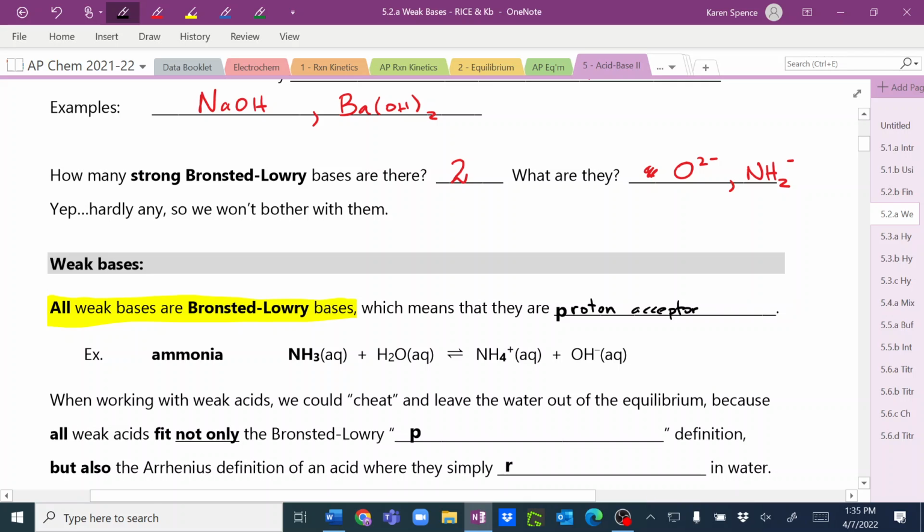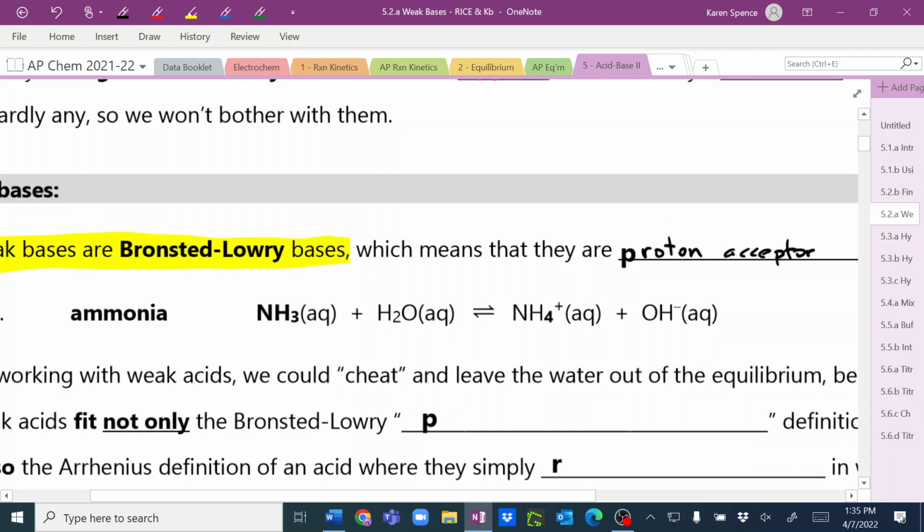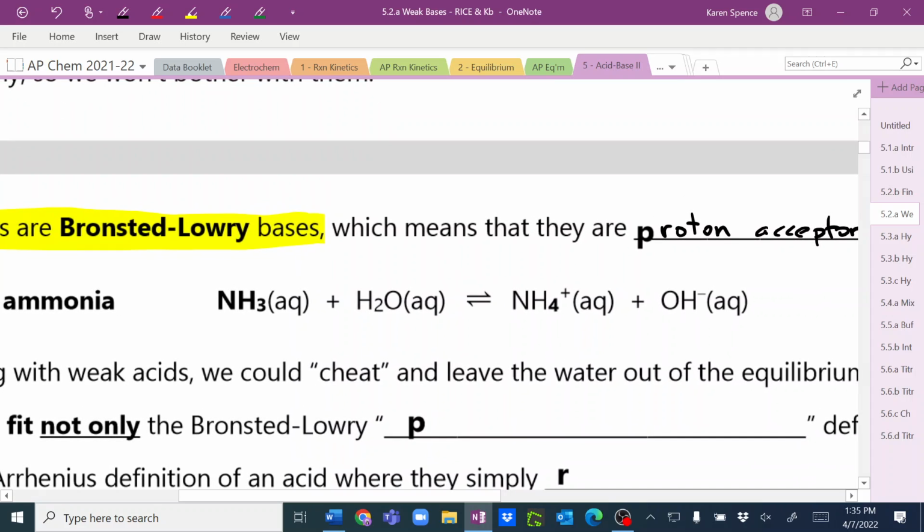So for example, we have ammonia accepts a hydrogen from water and becomes NH4 plus, and the water has lost a hydrogen, so it becomes OH minus. And because it is a weak base, we have an equilibrium set up.